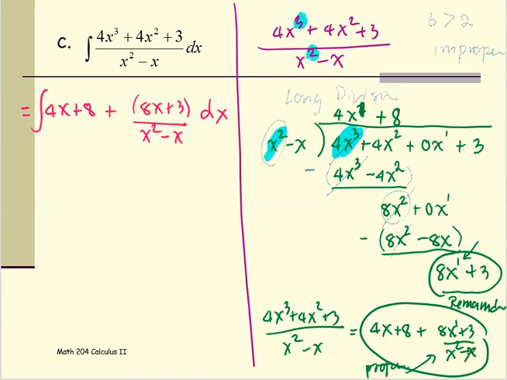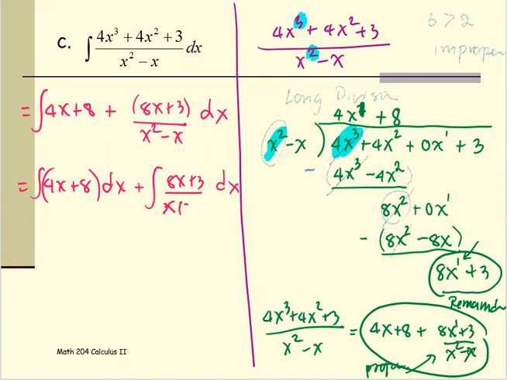We see this as 3 terms of the integrand. So I'm going to break it up: the whole expression part, we leave it alone because we don't have to do anything with the partial fraction, plus the integral of 8x plus 3 divided by x squared minus x with respect to x. For the process of the partial fraction, I'm going to factor the denominator completely.